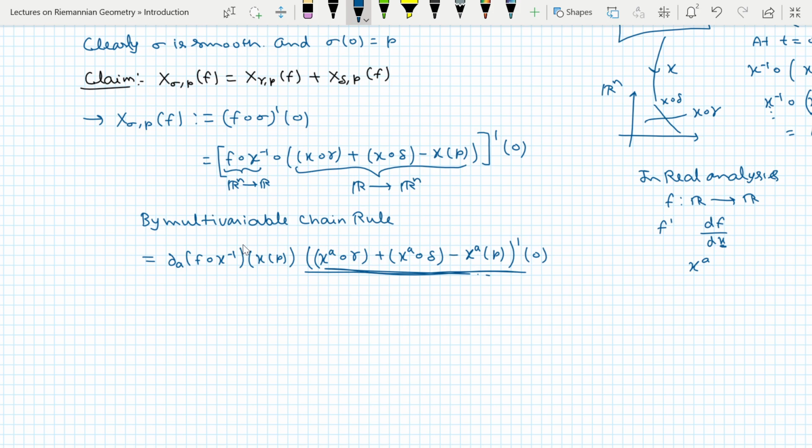Now here you see the derivative is a linear function. So since the derivative is linear, I can individually differentiate.